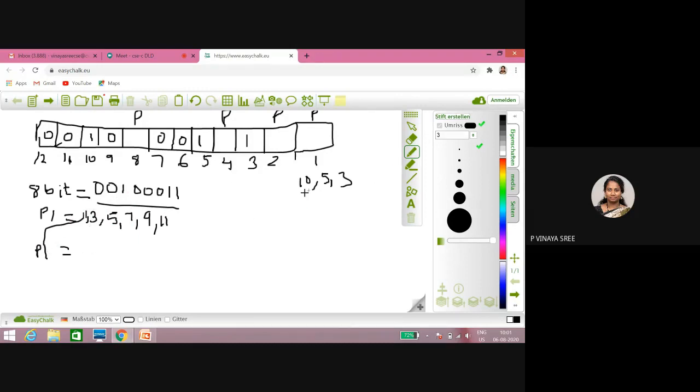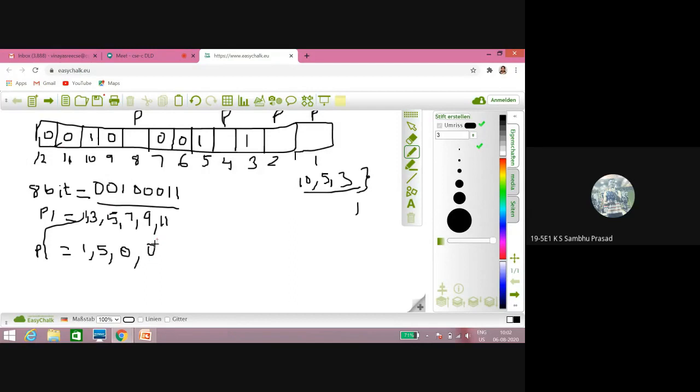So 3, as we have written, these are all ones. So in place of 3, 1; 5, 1; and 7, 0. Next, 9 also 0. For the first time, let me show this; next time onwards, I will go directly. 9, 0.